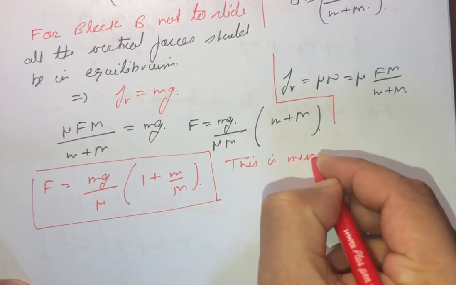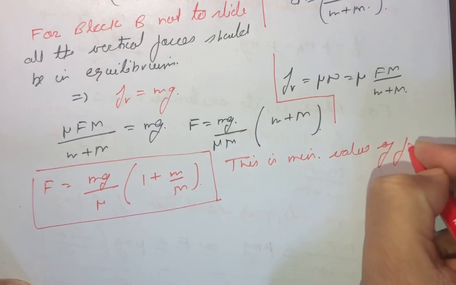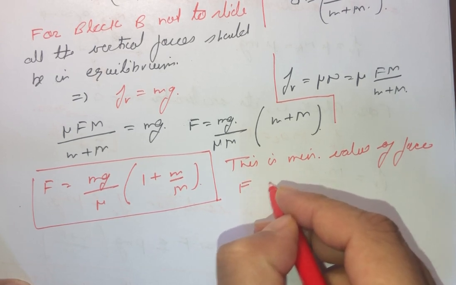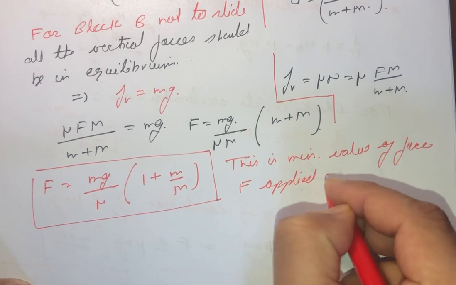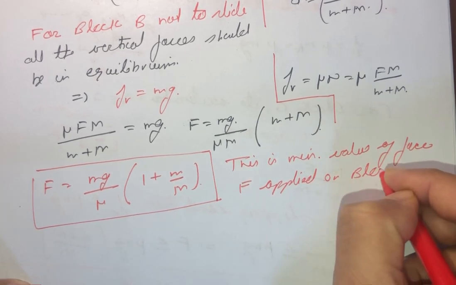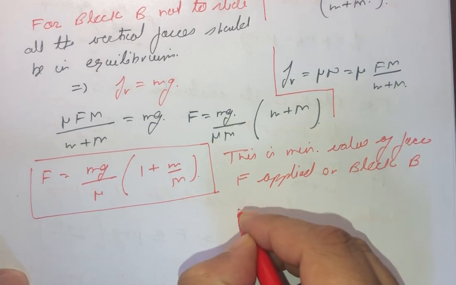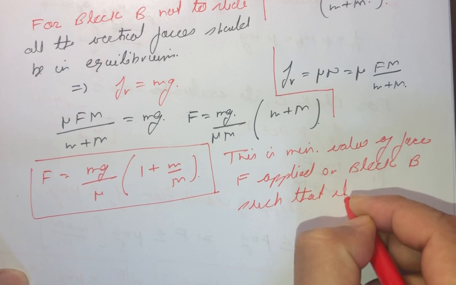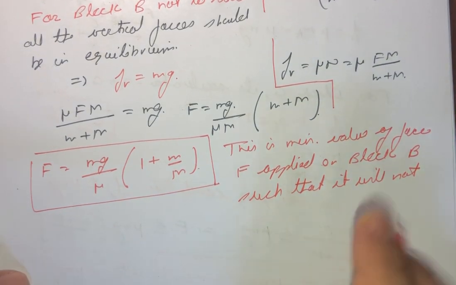This is the minimum value of force F applied on block B such that it will not slide.